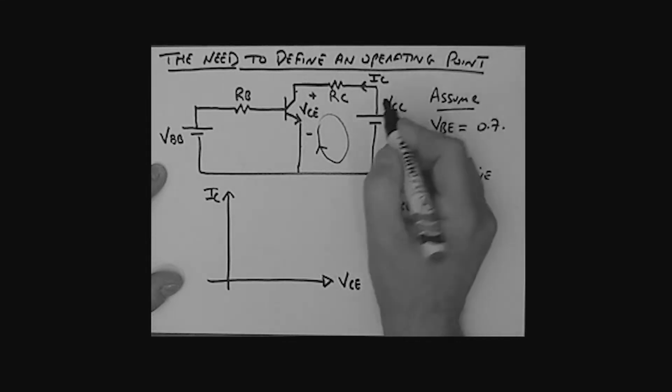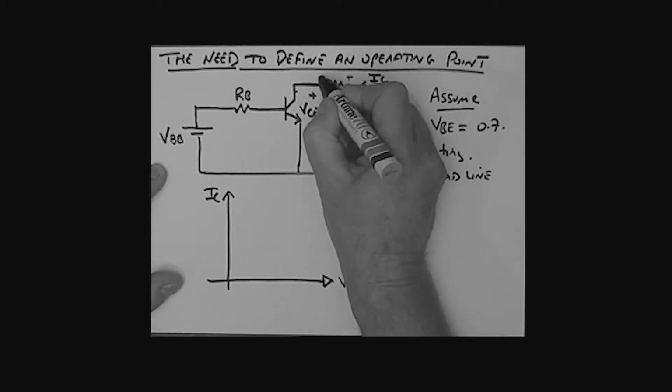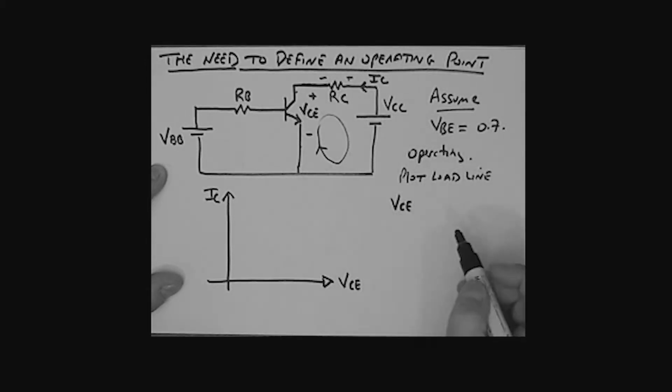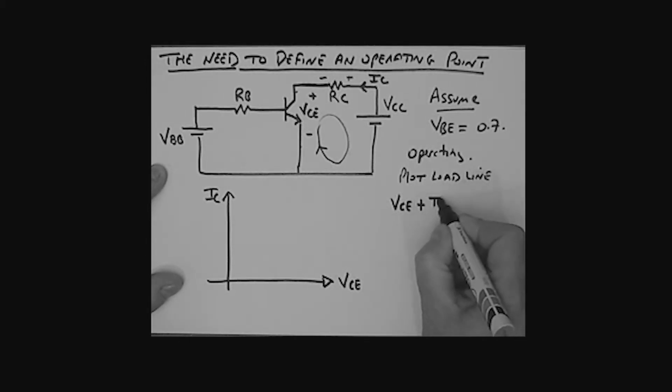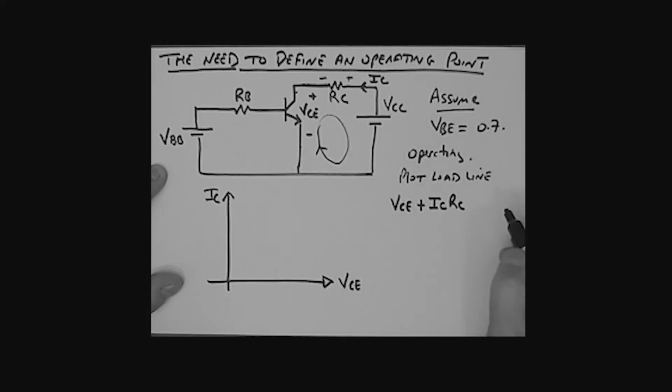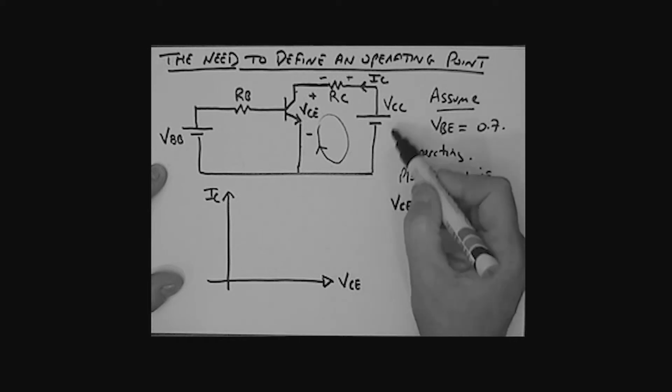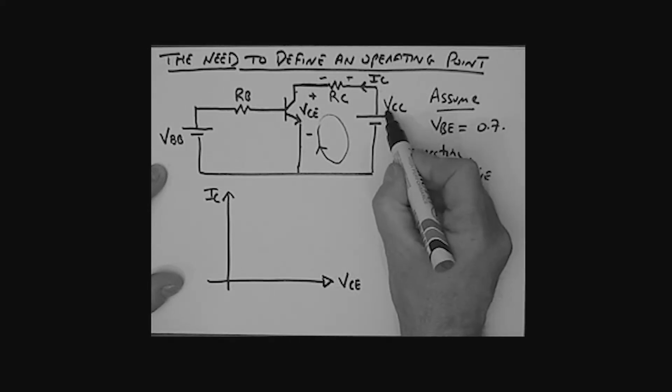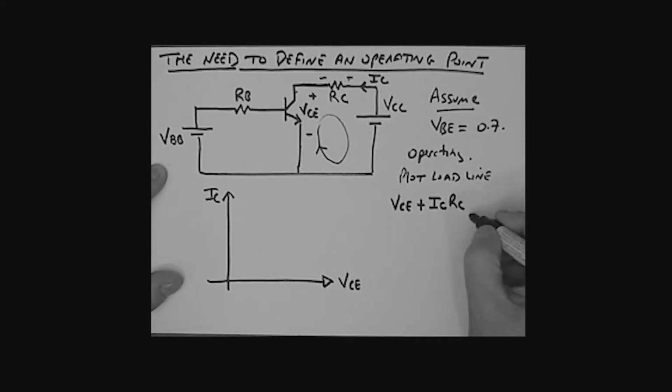This is IC, so it's from a plus to a minus. I'm going up again, so I'll say that's plus IC times RC. It's Ohm's law. And then I've got this drop here, which is my power supply. I've called it VCC. So minus VCC.